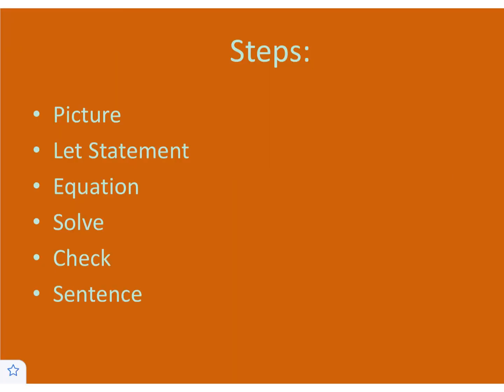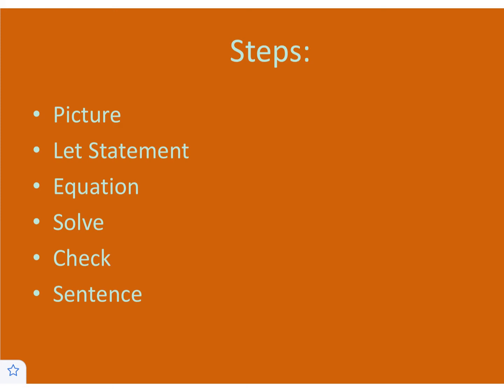All right. So our steps are very familiar to what we have done for let statements throughout our time. With these ones, a picture is going to be very helpful, so there's no chart here. Drawing a picture helps because you can put things into space.